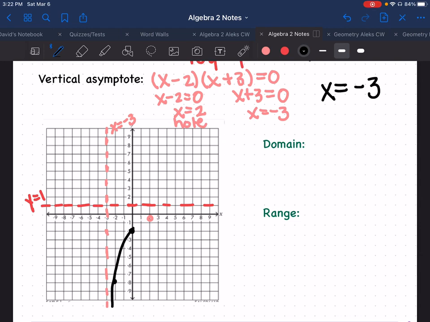Something like this, but there's a hole right here. Okay, there's a hole right there. And then (-4, 10), and (-6, 4), something like this.